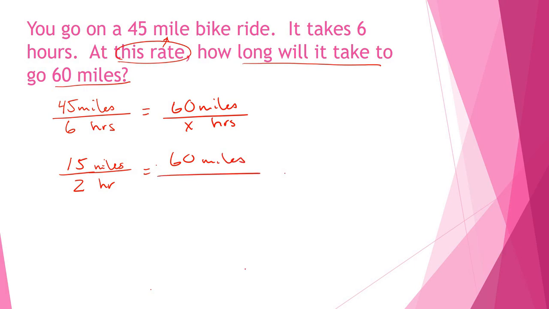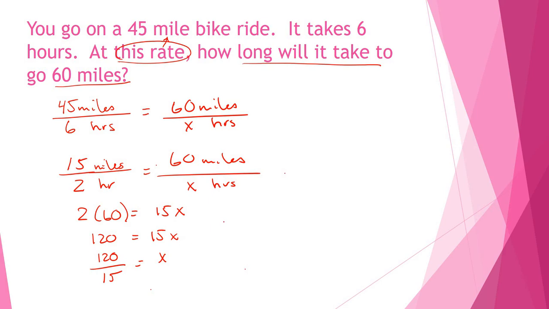So 45 miles in 6 hours is the same as 15 miles in 2 hours. And now I'm going to compare it to my 60-mile trip. Cross product, 2 times 60 equals 15 times x. 2 times 60 is 120. Divide by 15. But I really want to know how long it takes.